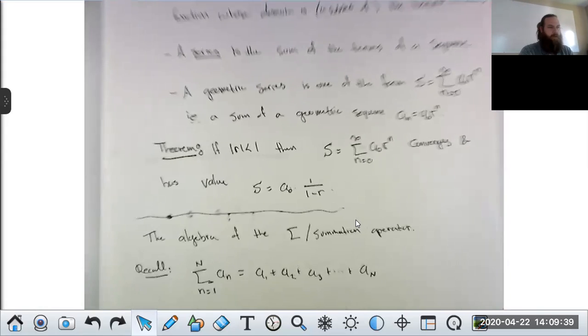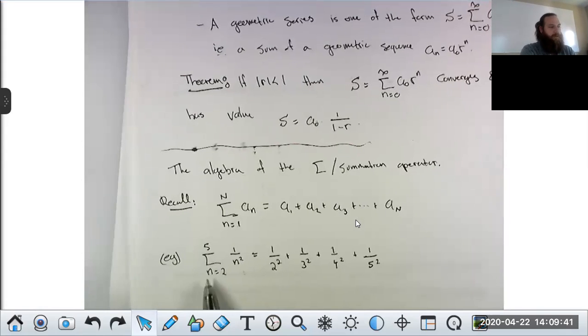So the example we did there: the sum from little n equals 2 to little n equals 5 of 1 over little n squared. This is read as the sum from n equals 2 to 5 of this thing, 1 over n squared. You compute by taking this piece right here, 1 over n squared, which is a sequence, plugging in all of these values for n, so 2, 3, 4, 5, because those are all the natural numbers between 2 and 5, and then adding them up. So that's what the capital sigma does. It takes this thing and adds up all these terms over this range of n.